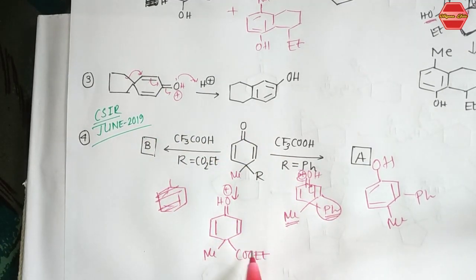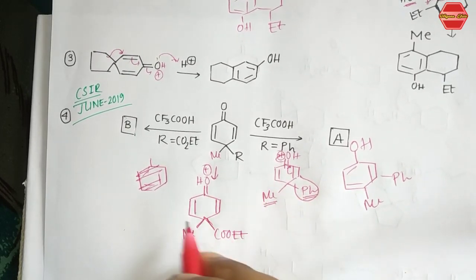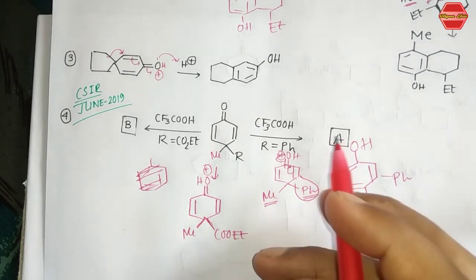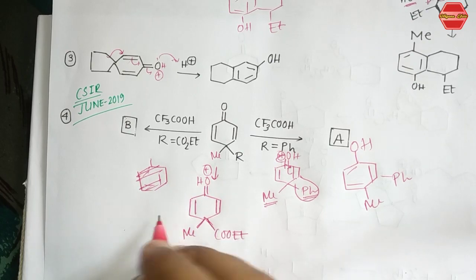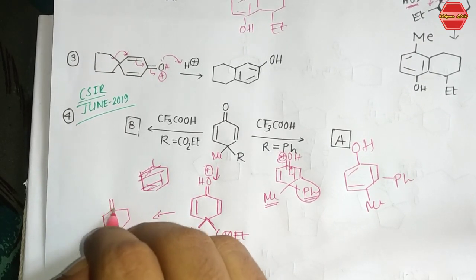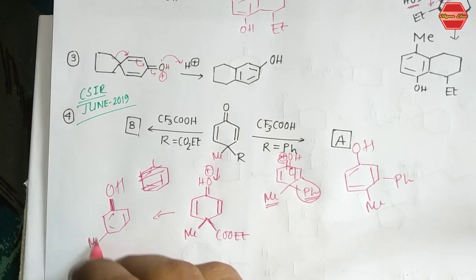Now which one will migrate, either methyl or CO2Et? So you can easily say that methyl will migrate, just because methyl has a greater migratory aptitude, so the methyl will migrate, and these bonds go here, and you get this kind of intermediate, this kind of product.